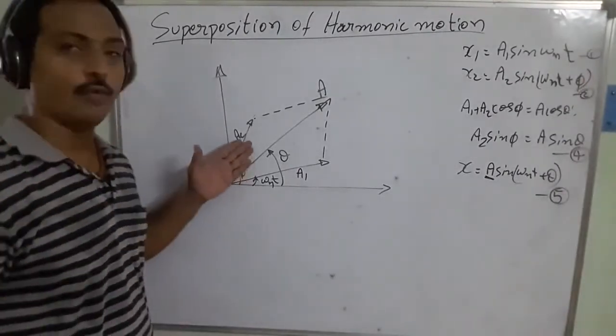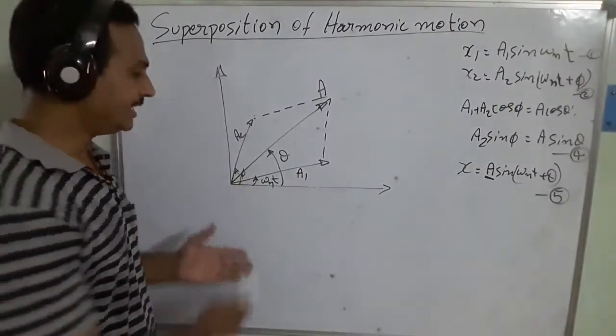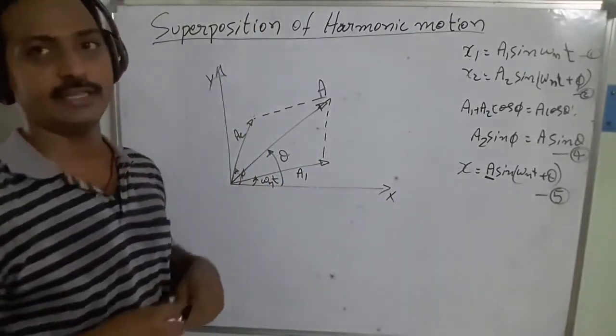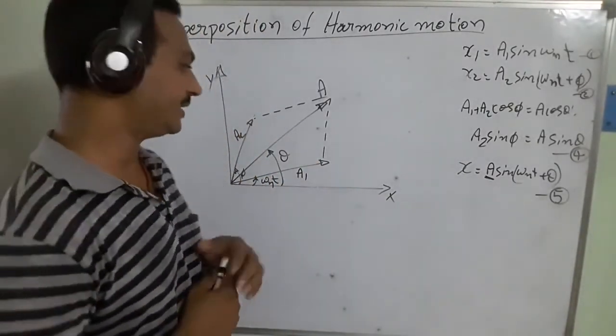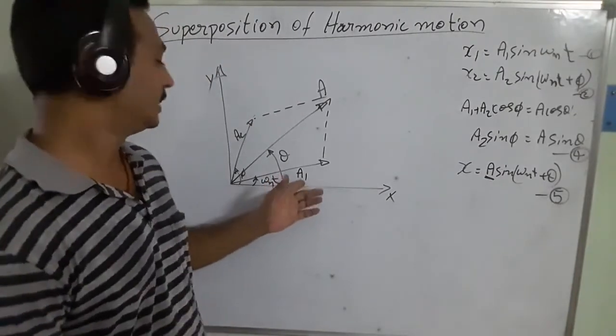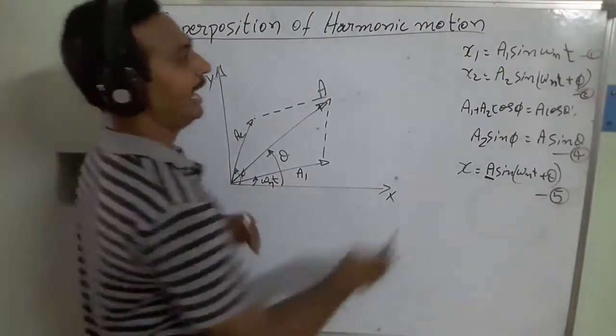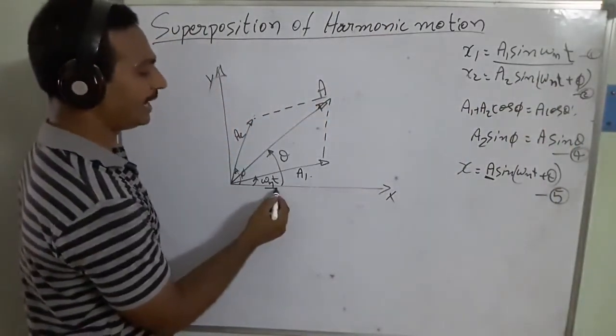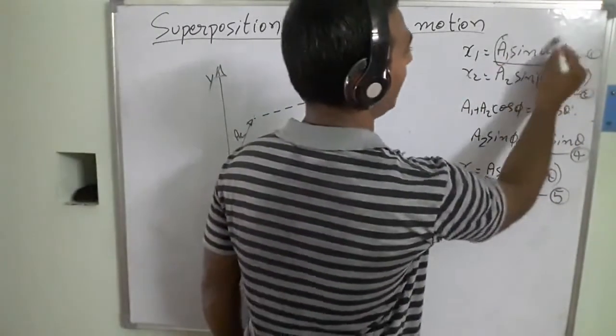The same thing we are showing graphically. The x-axis I have taken, and the y-axis represents the magnitudes of the amplitudes of the vibrating system. As we know, x1 is A1 sin omega n t.